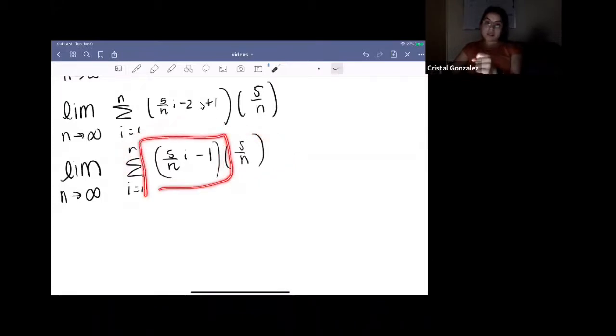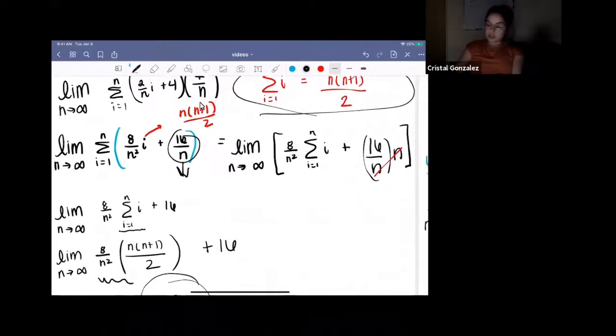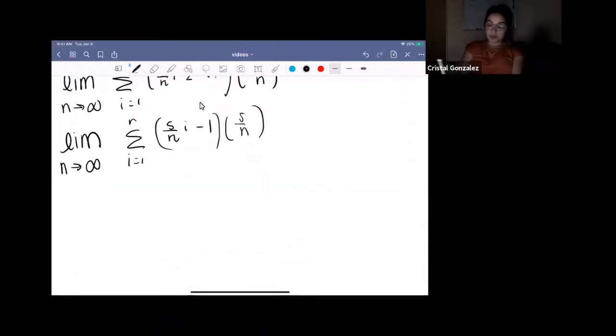I'm summing this all together times this 5 over n so we can pull it out. And so this is going to be the same thing as, and bear with me, the limit as n approaches infinity of 5 over n times the sum from i equals 1 to n of 5i over n minus 1.